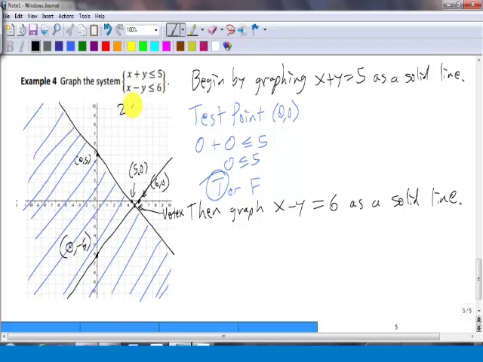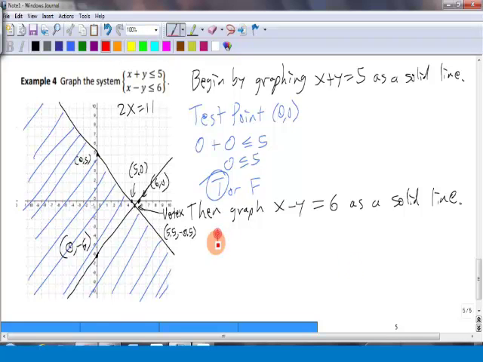If you add them together, you get 2x equals 11. So the x-coordinate of that point is 5.5. And 5.5 plus negative 0.5 is 5, so the y-coordinate is negative 0.5. Just replace the inequalities with equal signs. You could use the elimination method. It's pretty easy to come up with the point where those two lines intersect. So 5.5, negative 0.5.